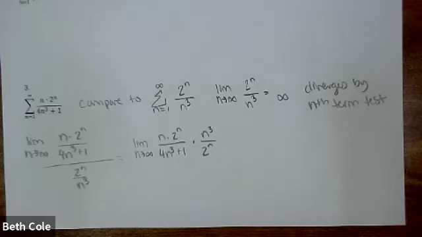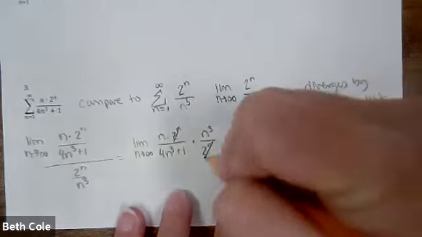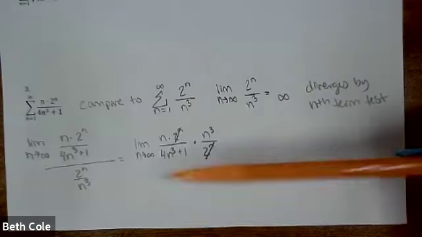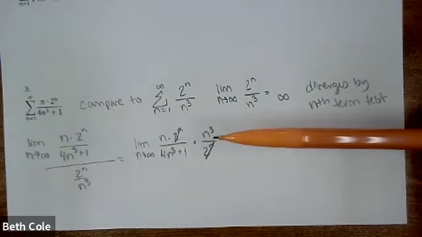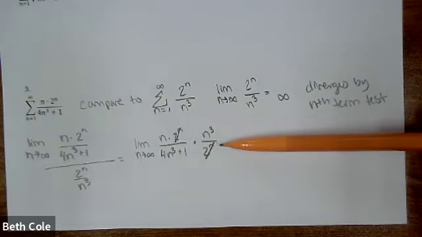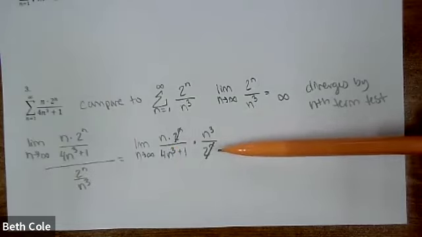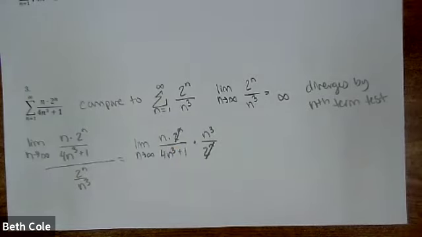So what in this case can I cross out here? Yeah, 2 to the n. Now that means in the numerator you have n times, did I write something wrong there? Hold on, did I do a copy error?